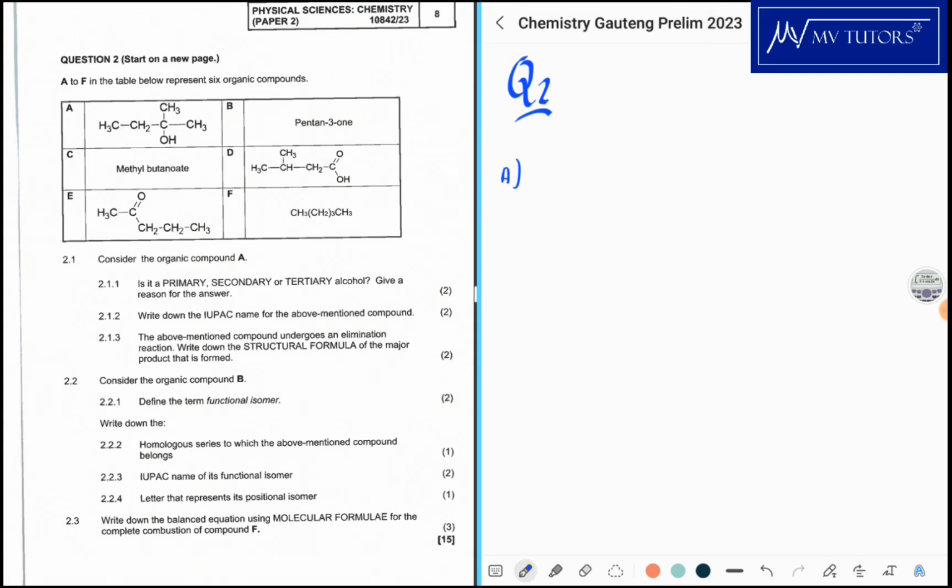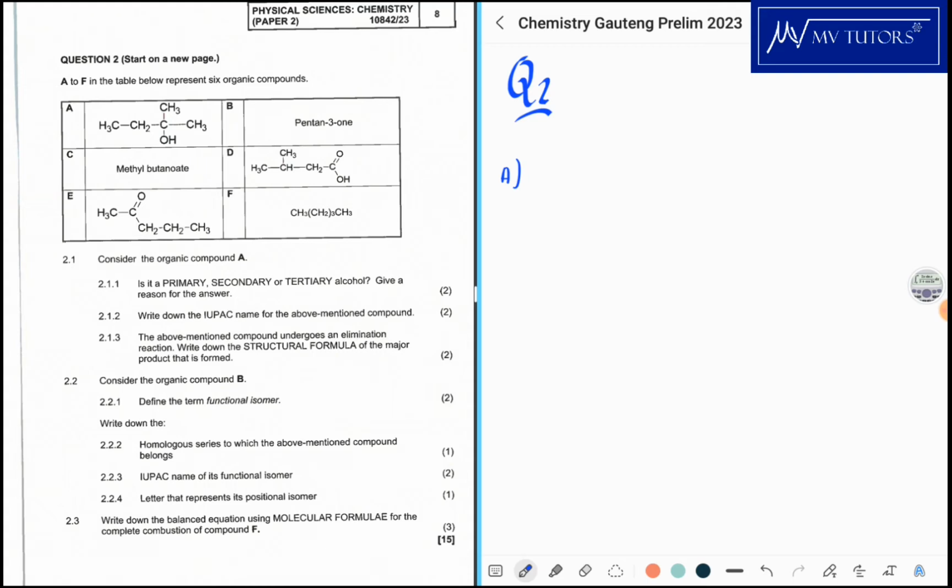1, 2, 3, 4. So it's butanol. But on which carbon is this OH group? It's on the second carbon, right? So it is going to be butan-2-ol, but there's also a methyl group on the very same second carbon.